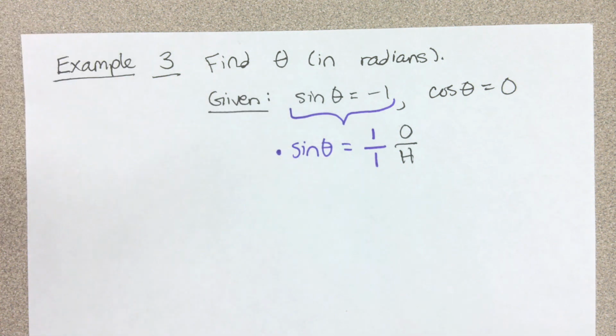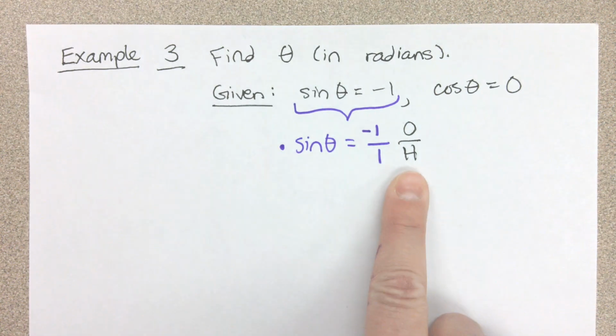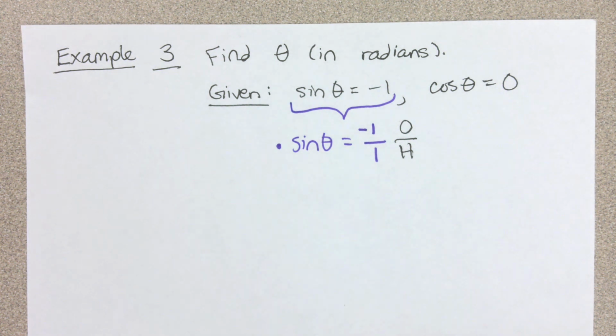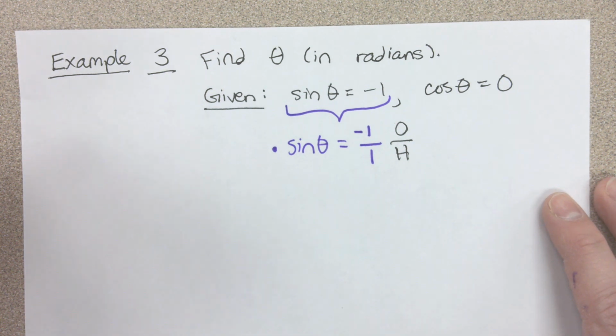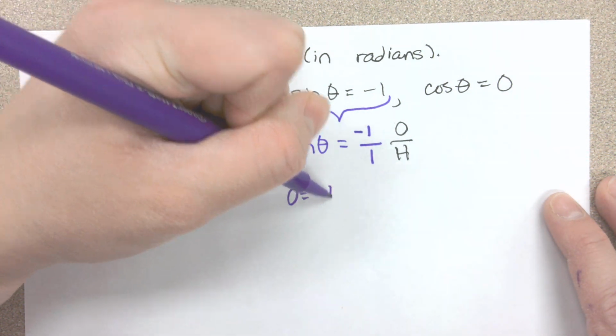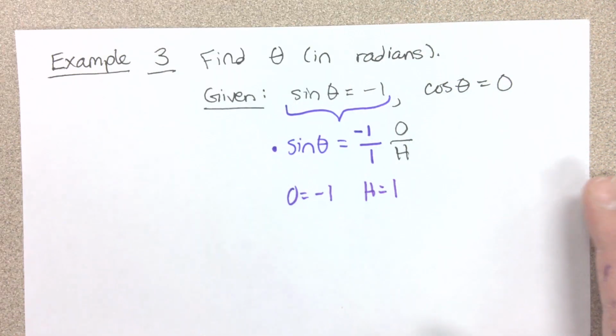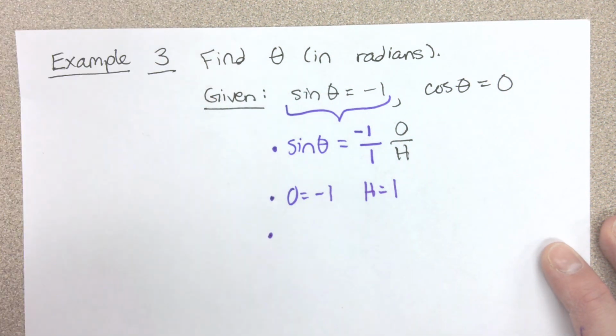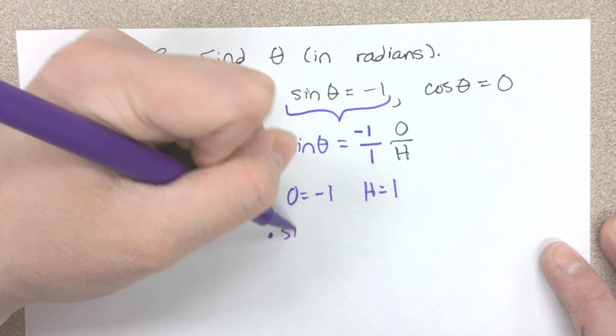Which one must have the negative on it, the O or the H? The O. Reminder, H is never negative. So O is -1, H is +1. So we're going to start with that. And then side note, we know that sine is negative.